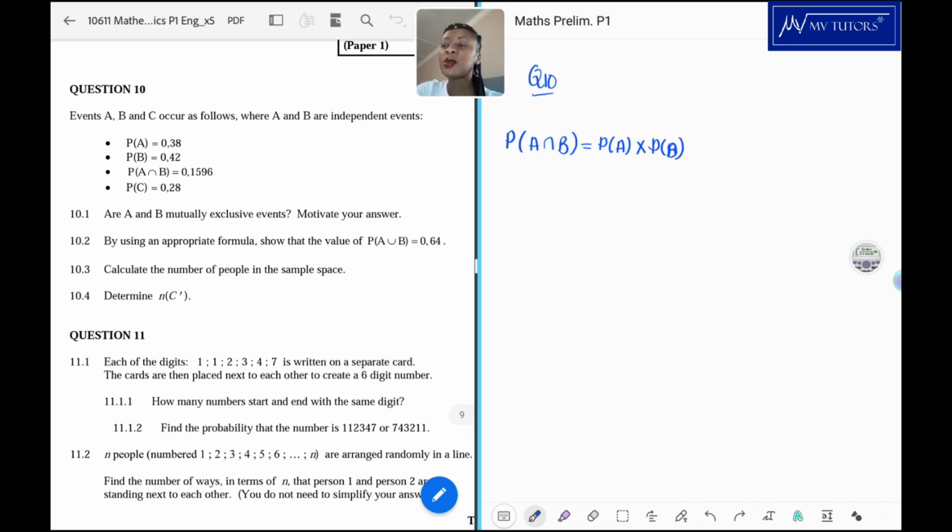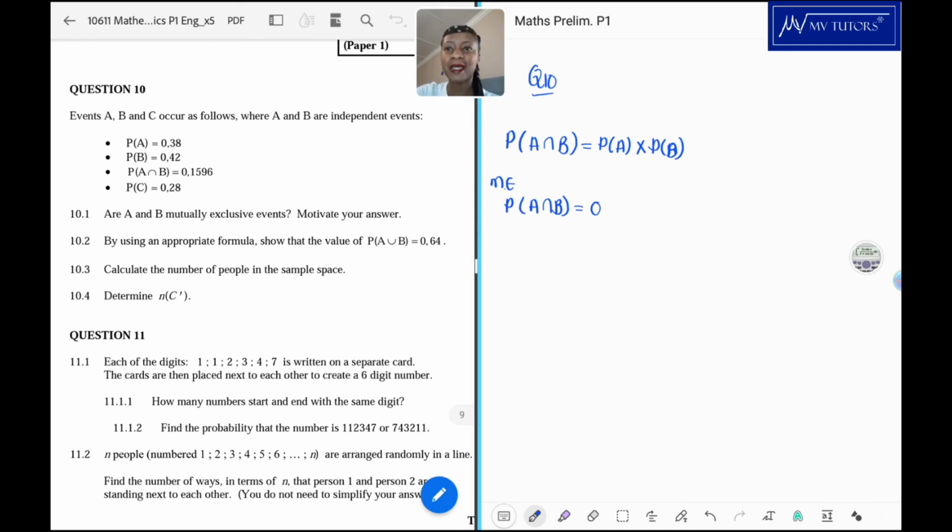So 10.1, are A and B mutually exclusive events? What are mutually exclusive events? They are events that happen at separate times. There is no intersection between them. So if I were to have the probability of A and B for mutually exclusive events, I would have 0, because there is no intersection.